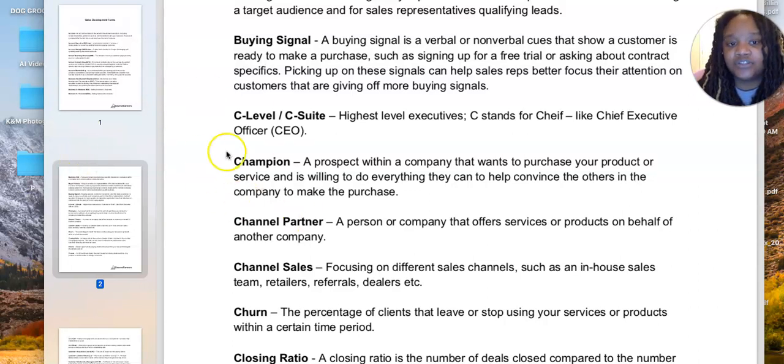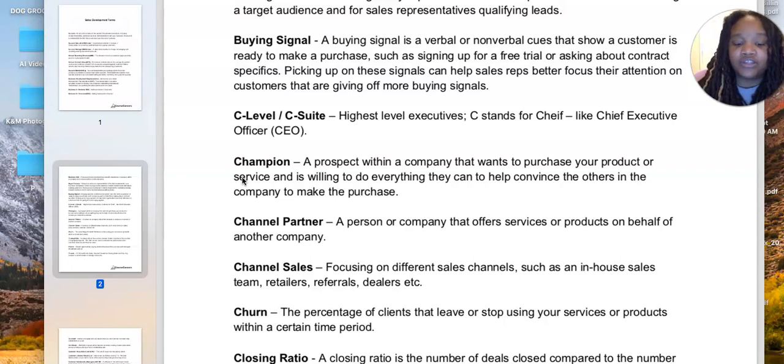So this comes into play whenever you're on a meeting call or a discovery call. Having a champion on your side really results in you being able to explain why they need the product or service in a way that gets that person excited, and that way they can effectively explain to the people that were not in the meeting, the other employees that have a say in whether they get the product or service or not.